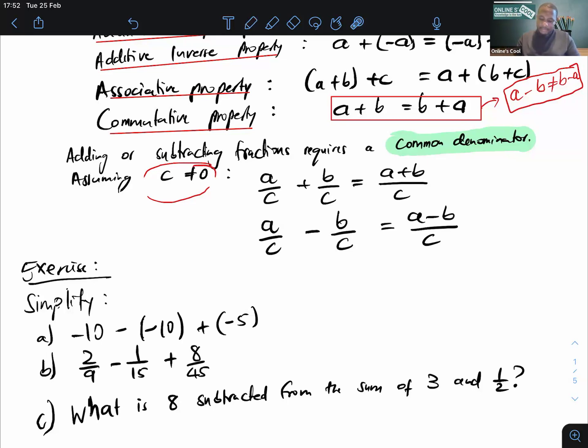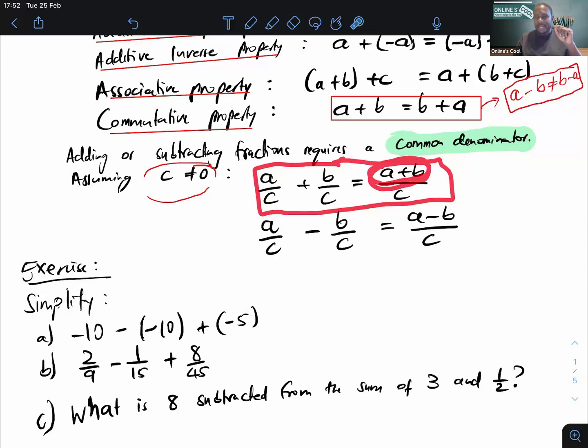If the denominator is the same, and I'm adding A over C plus B over C, then because it's a common denominator, I can easily just add the numerators. So I've got A plus B. The sign here is the same sign that I have in between, because this sign must always go with the B. They are one family.